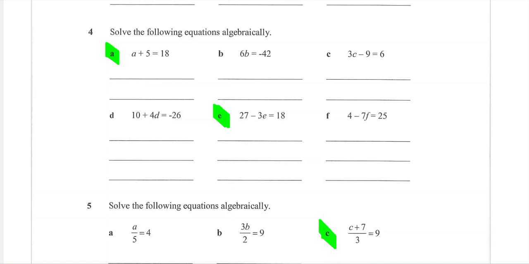So the opposite of a plus 5 is to minus 5 to both sides, because you have to keep it balanced. Okay, that means that the 5 with my A disappears, leaving A all by itself, and I subtract 18 take away 5, which is 13, to get my answer. Okay, that's a one-step equation.